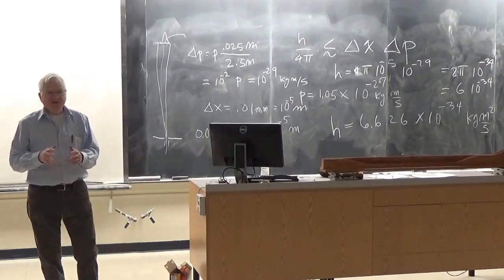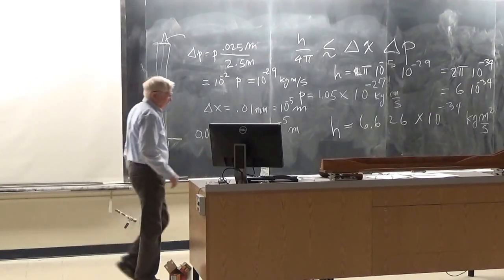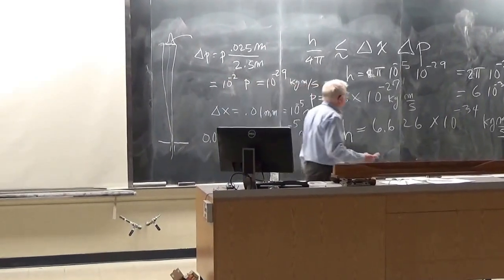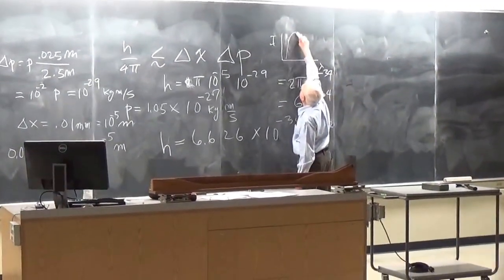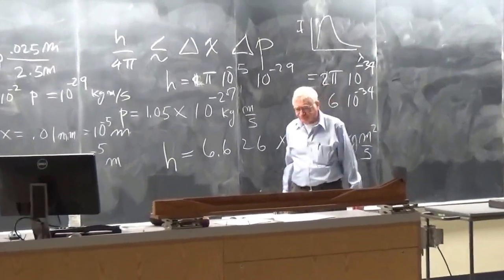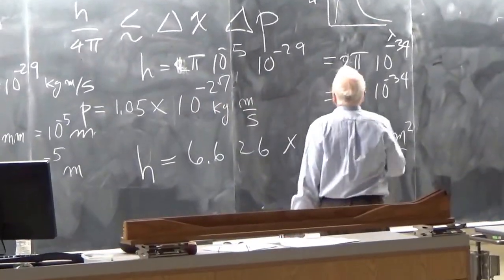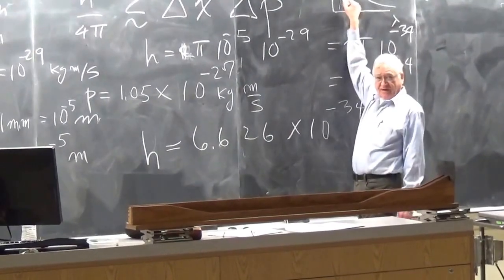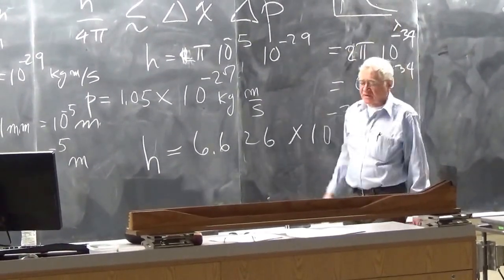The oven emits in a very broad band of frequencies, and the curve is essentially intensity versus wavelength, and it looks something like that. And what Planck was doing was explaining this part, because this part over here was already known.